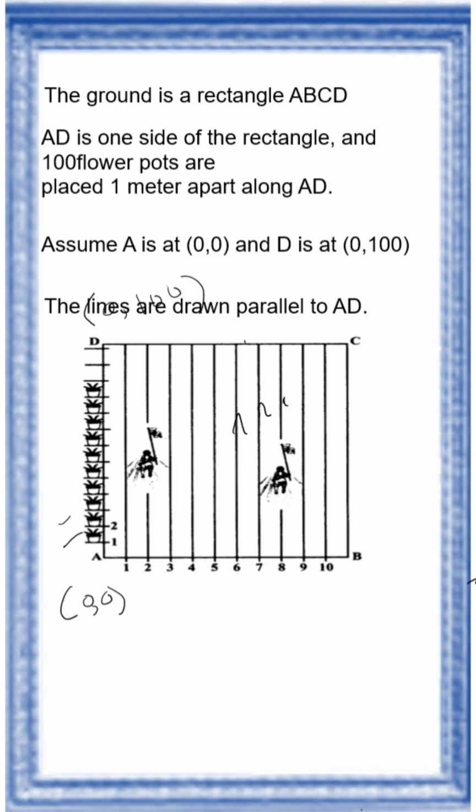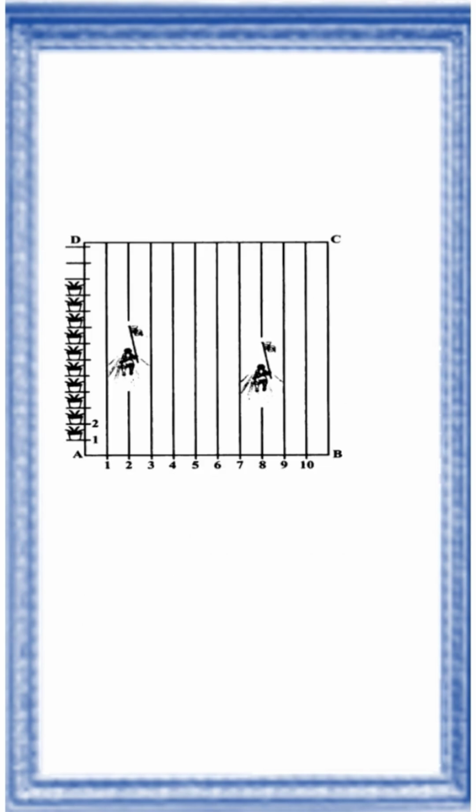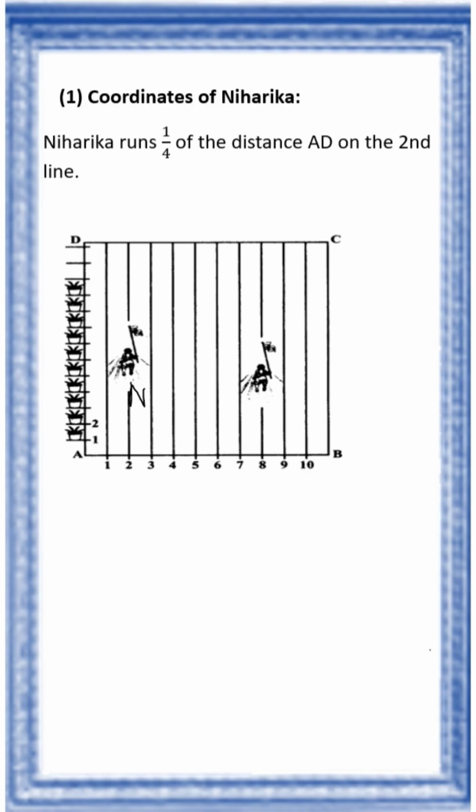Now let us find coordinates of Niharika. This is Niharika N. How will you find? Niharika runs 1/4 of the distance AD. AD is 100, isn't it? And she is on the second line. So x is equal to 2. And how can we calculate the y coordinate of Niharika? The length AD is equal to 100 meter, 1/4 of the distance.